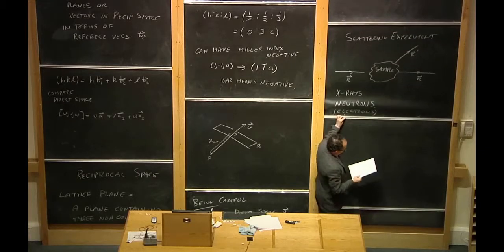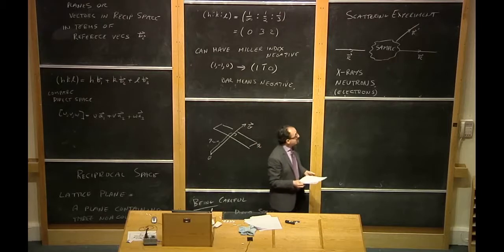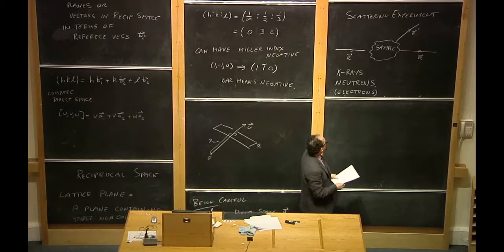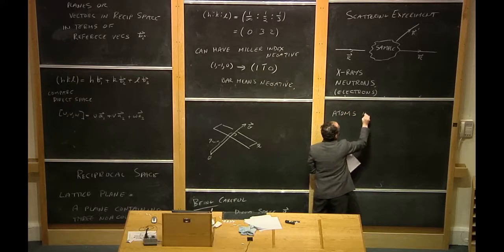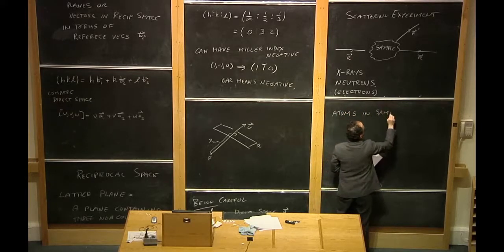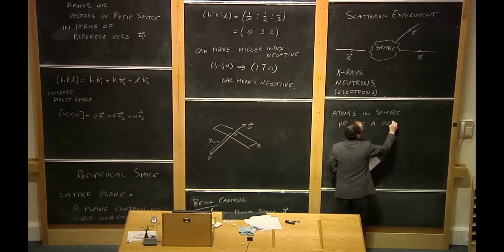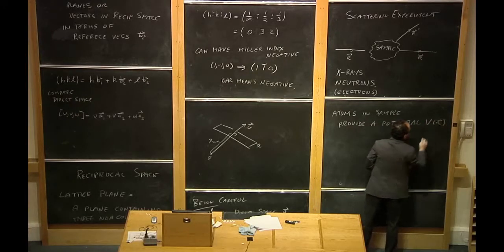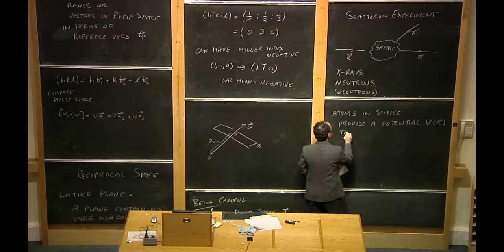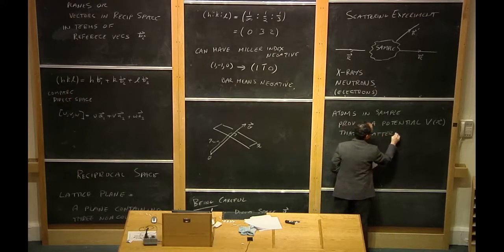So whatever type of wave we send into our material, the thing that we're supposed to imagine is that the atoms in the sample provide a potential V of r that scatters the wave.